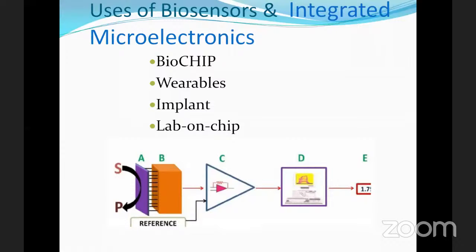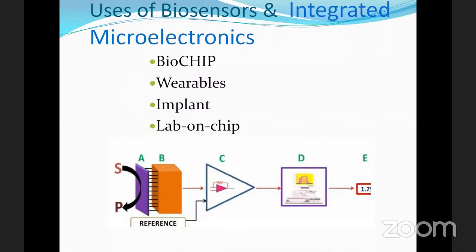The other one is the implantable biosensor. A few implantable medical devices are available in the market, like the pacemaker. Further improvements of these implantable biosensors include intracranial pressure measurement, which we will see in later slides.